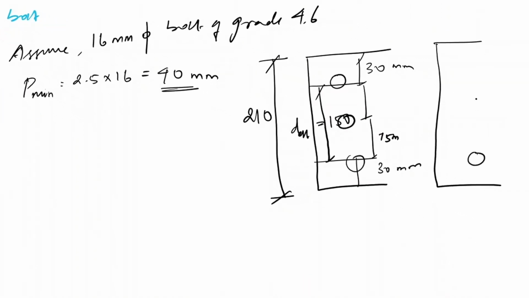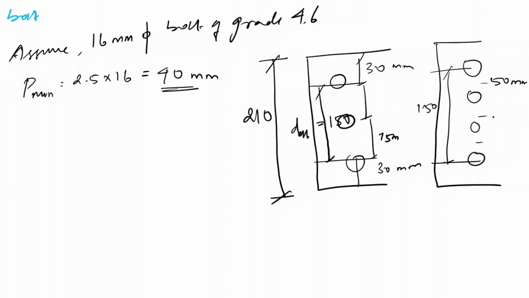This distance is 150. If I provide 4, now what is the distance? 1, 2, 3. So if I divide 150 by 3, it is 50 mm.